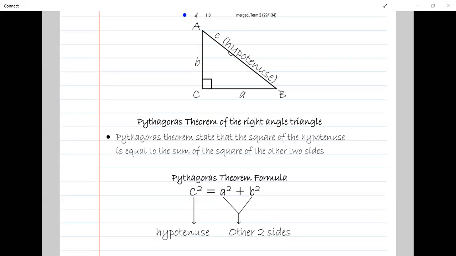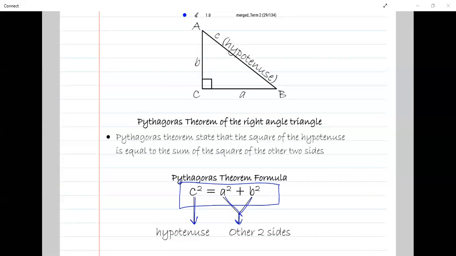So this is sort of like the Pythagoras theorem formula. In the formula, C here is the hypotenuse, and A and B are the other two sides. Pythagoras theorem states that the square of the hypotenuse is equal to the sum of the squares of the other two sides.